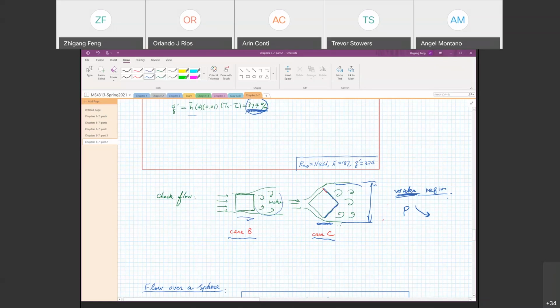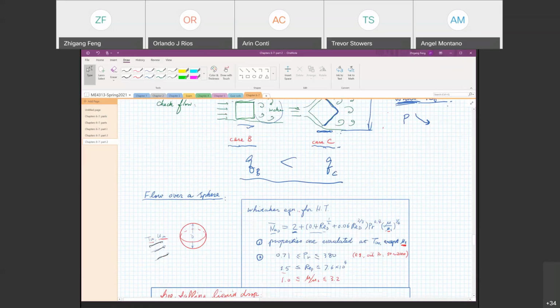So when you have a larger area in contact with turbulent flow, we expect a higher heat transfer rate. So that's the explanation, because we have a larger wake region in case C compared to case B. So that's why we have a higher heat transfer rate for case C. That is the conclusion.